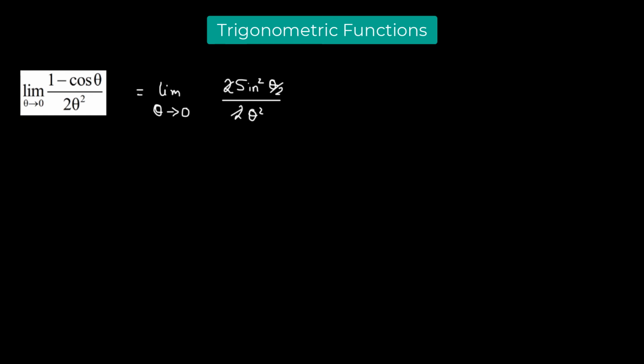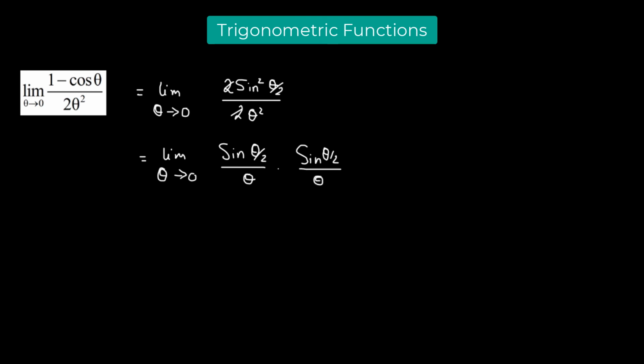So the 2 and 2 get cancelled. We have limit theta tending to 0 of sine theta over 2 divided by theta, times sine theta over 2 divided by theta.